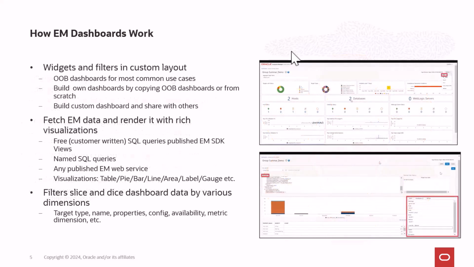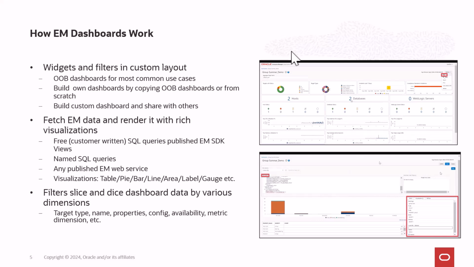Now, it's very important to understand how the EM dashboard works, if you don't already know. As we mentioned, EM collects a lot of data. Widgets and filters are the two components that the dashboard has. Widgets are the building blocks for any dashboard.